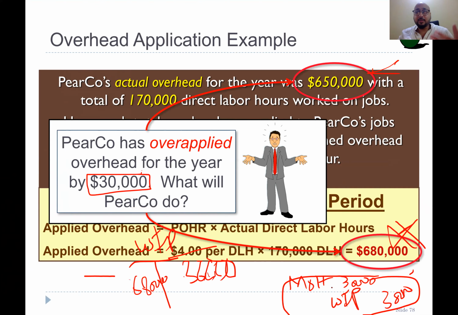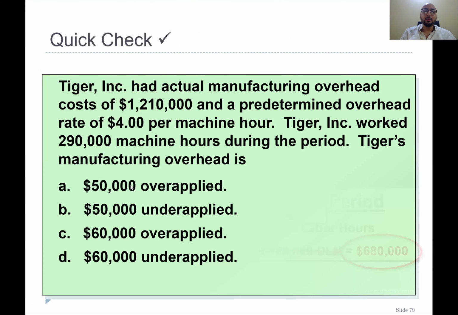Because when we overestimated the cost, we overestimated the unit product cost, right? In that case, our cost looks huge and profit looks small. But in real terms, it is actually smaller, so we decrease the work in progress with this one.